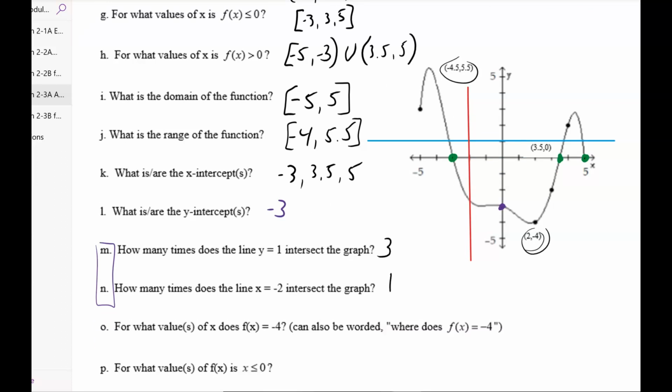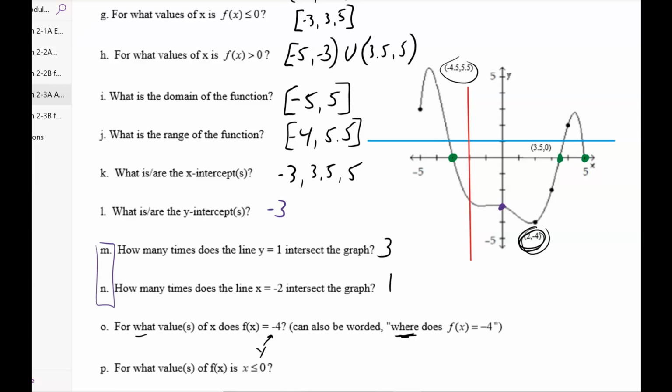Okay, so for what values of x does f of x equal -4? So again, now we're looking for the y value. This is the y value being -4. So we're looking right down here again. And it looks like when x is 2, y is -4. Now look at that wording with the where and the what. For what values, that's the y, and where, that's the x.